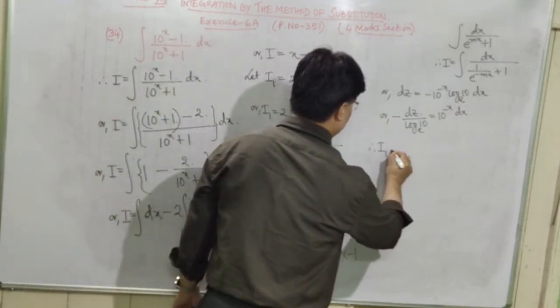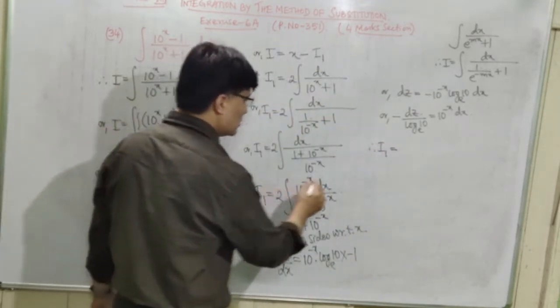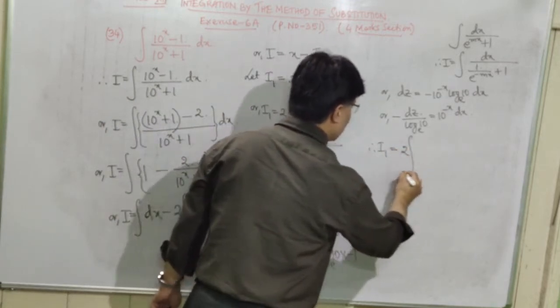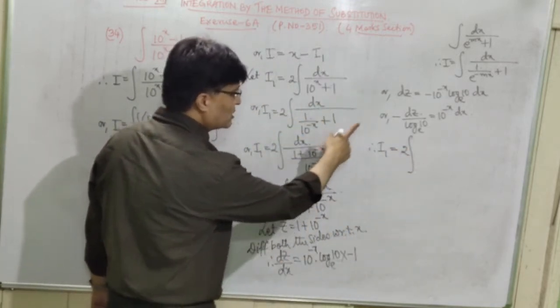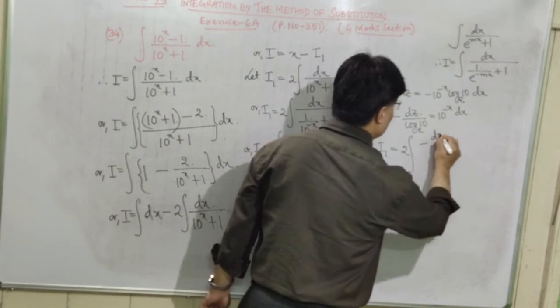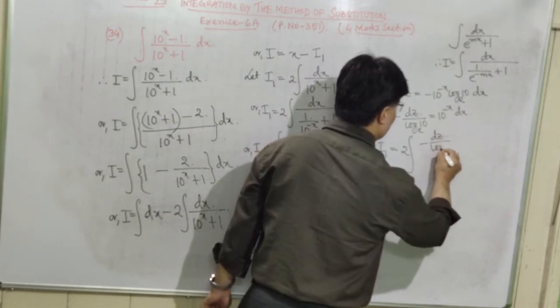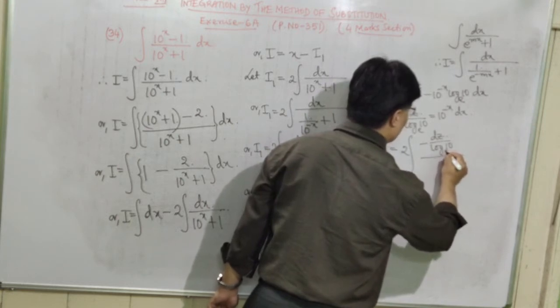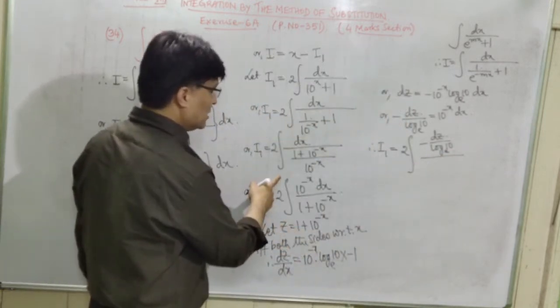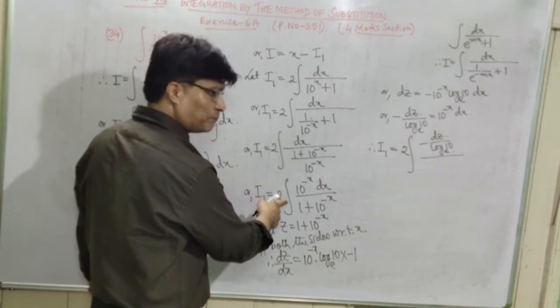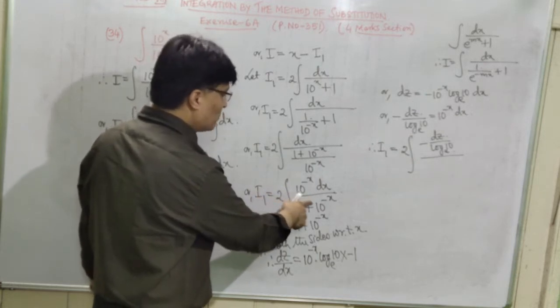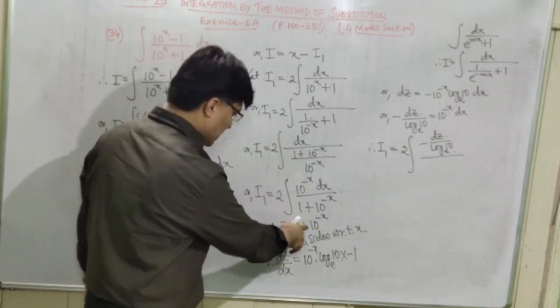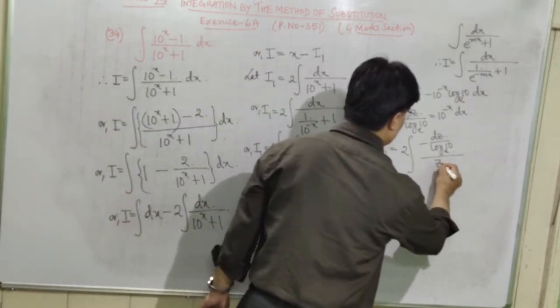So therefore I1 is equal to 2 integration of, what is 10 to the power minus x dx? It is minus dz divided by log 10 base e, whole divided by, what is 1 plus 10 to the power minus x? It is z.